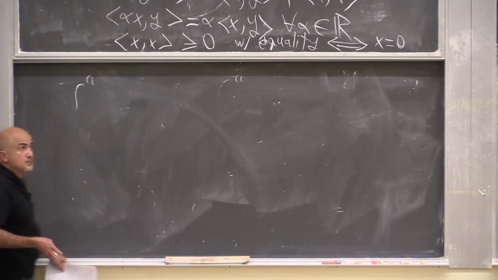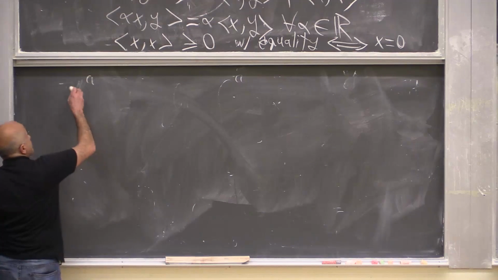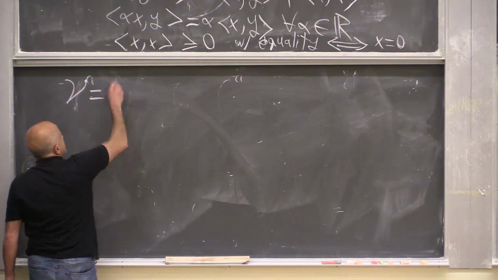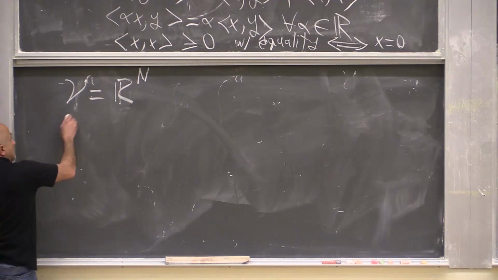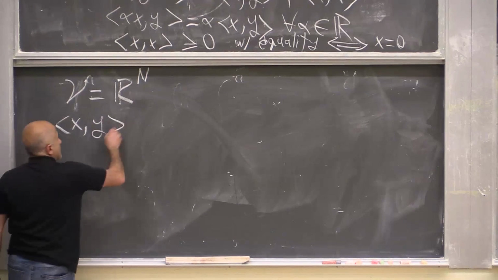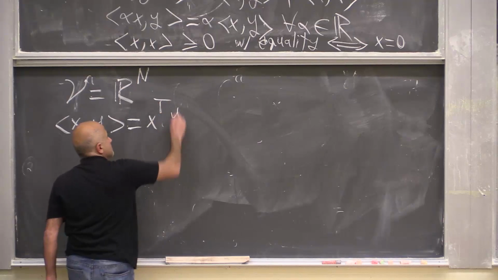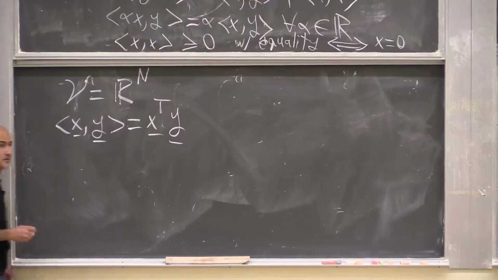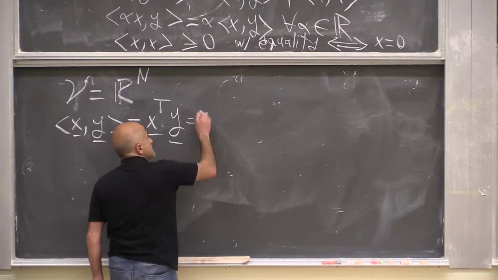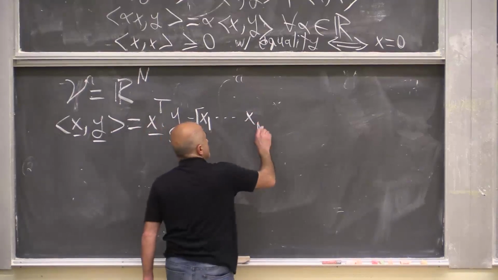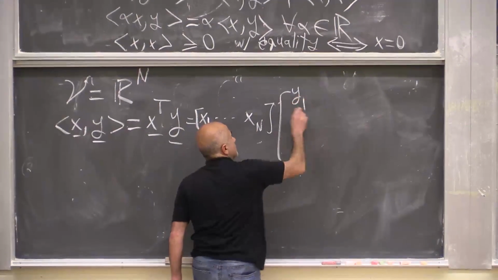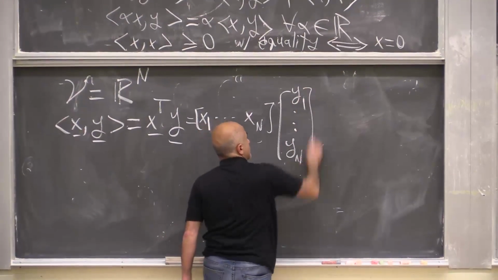And if our vector space is R, say R^n, then we can define the inner product in this way. So now I'm going to put the underscore because now I'm talking about Cartesian vectors here. And this is simply x1, well, let's write it out just so that everybody's on board, y1 through yn.